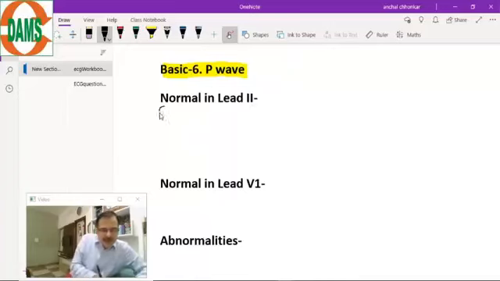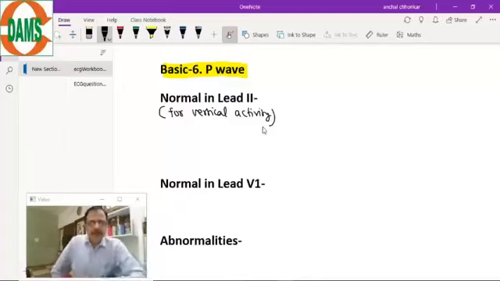Lead 2 detects the vertical activity. So the basic P wave is for the vertical activity.